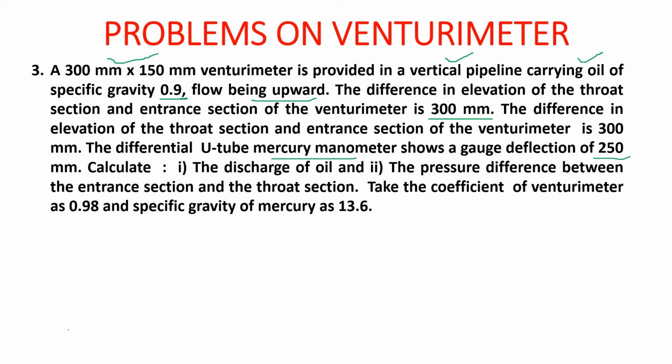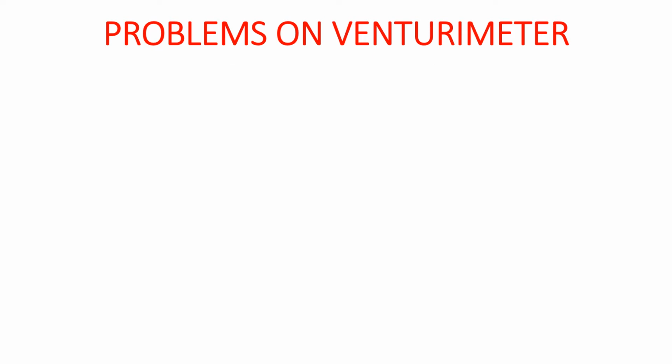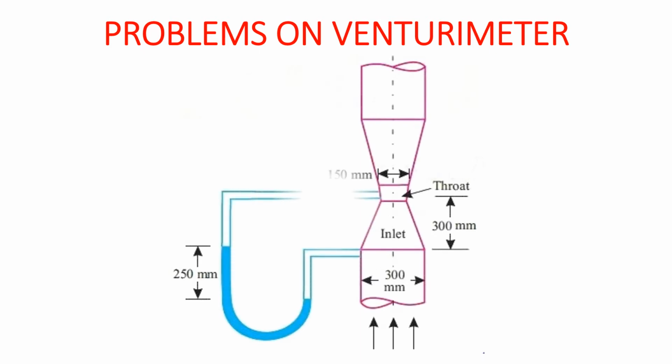So the difference between the two limbs of the mercury is 250 mm. What we have to find is the discharge of oil and the pressure difference between the entrance section and the throat section. Take the coefficient of venturimeter as 0.98 and specific gravity of mercury as 13.6. So let's go for the diagram first.